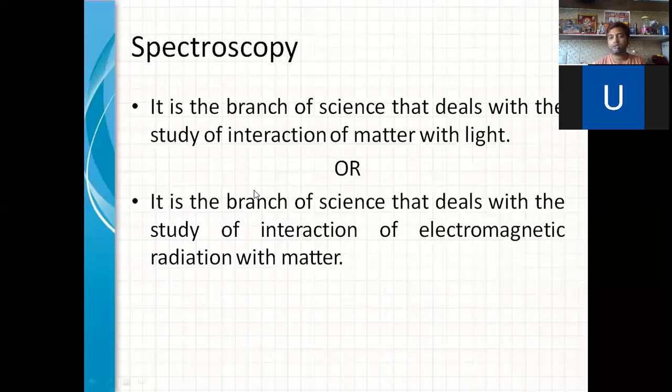This study is known as spectroscopy, and it reveals the type of matter we are studying. I hope you have understood.